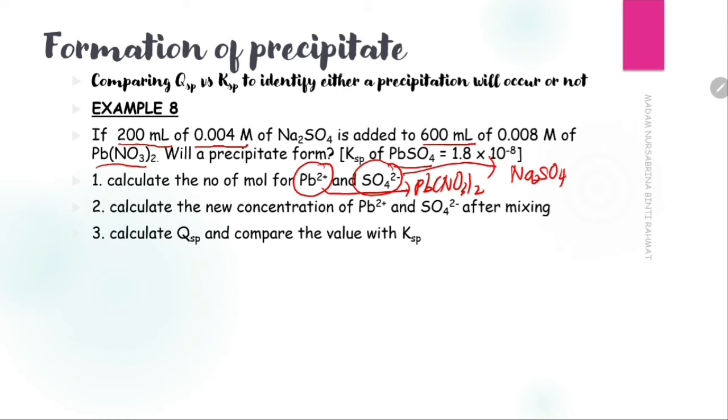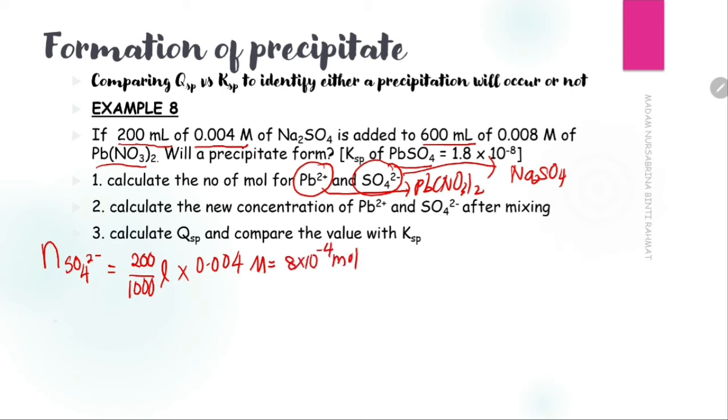So you have to calculate the number of moles. Let's do sodium sulfate first, which will give you the number of moles of sulfate ion. The number of moles is simply the volume in liters multiplied by the molarity, which gives you 8 times 10 to the power of negative 4 mole.